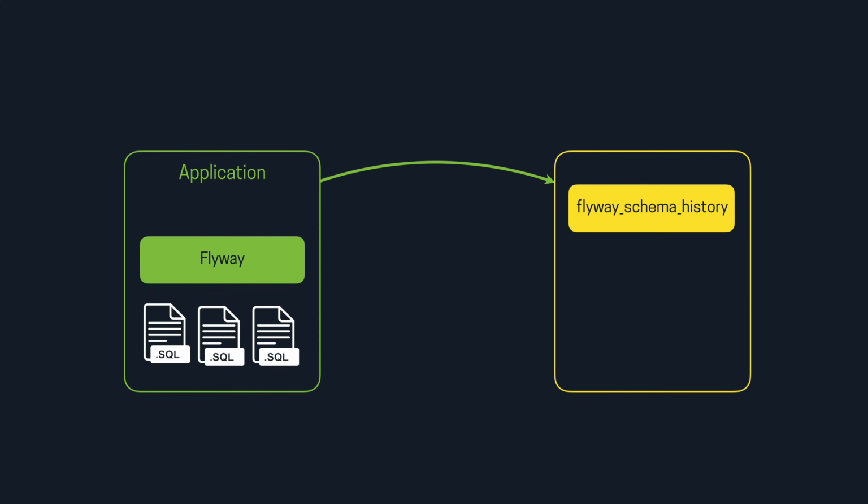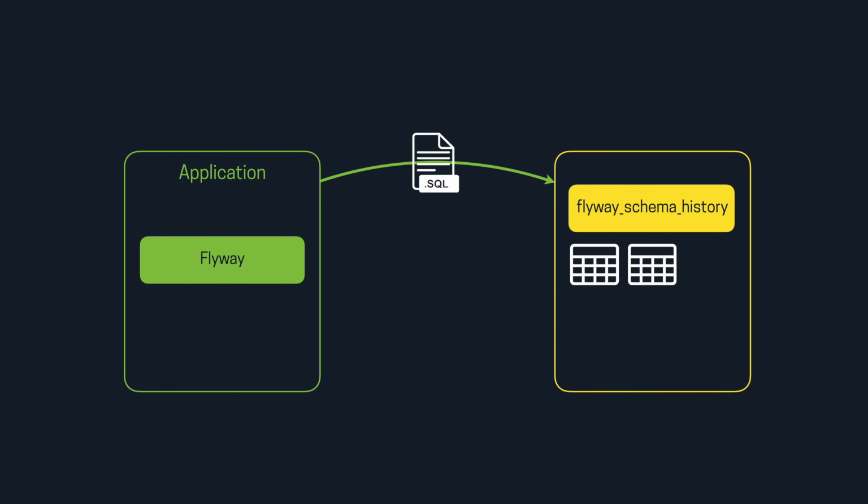When you start your application with an empty database, Flyway will first create a schema history table. This table is used to track the state of your database. Any migration that you apply, it will keep track of, so that it knows what migrations need to be applied the next time you run.